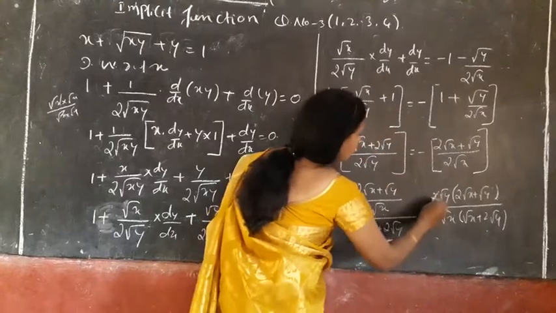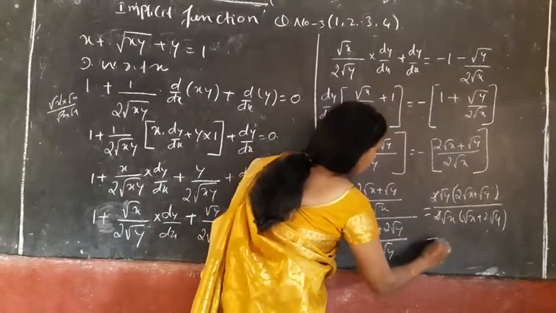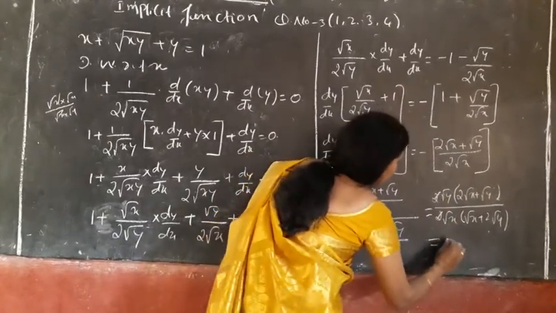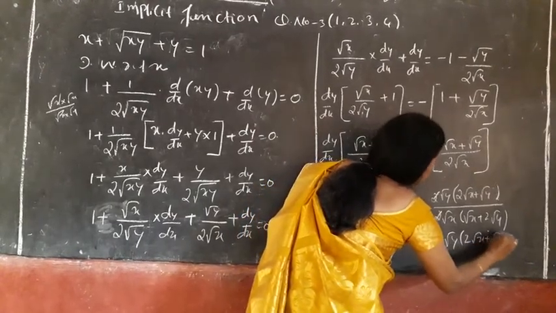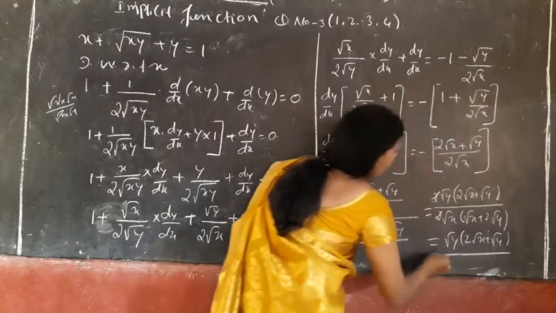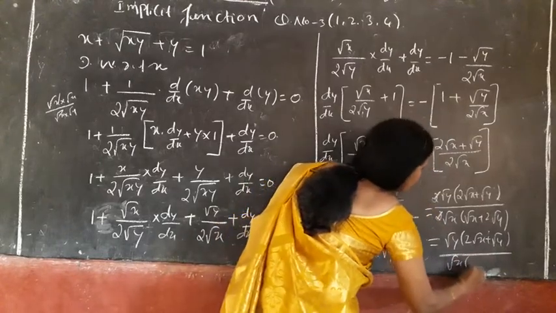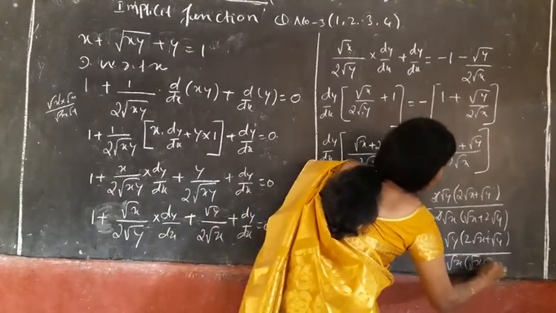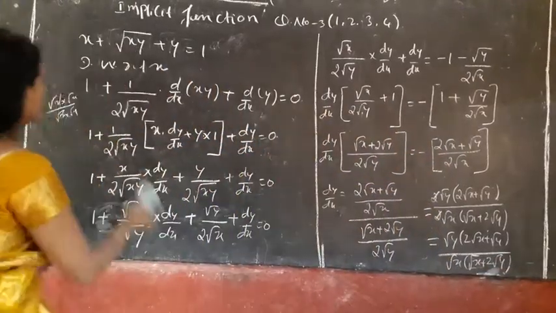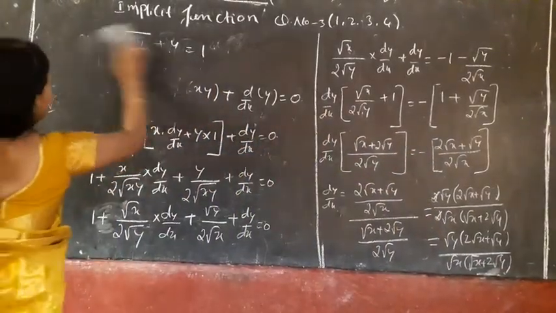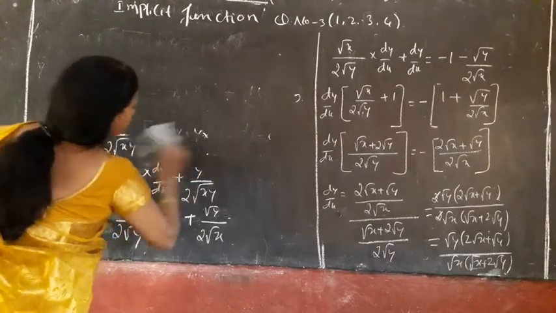Here 2 gets cancelled. We can write the answer, that is root y into the bracket 2 root x plus root y divided by root x into the bracket root x plus 2 root y. This is the answer.